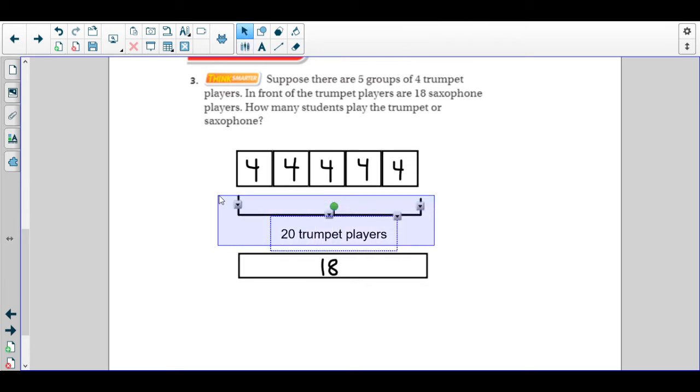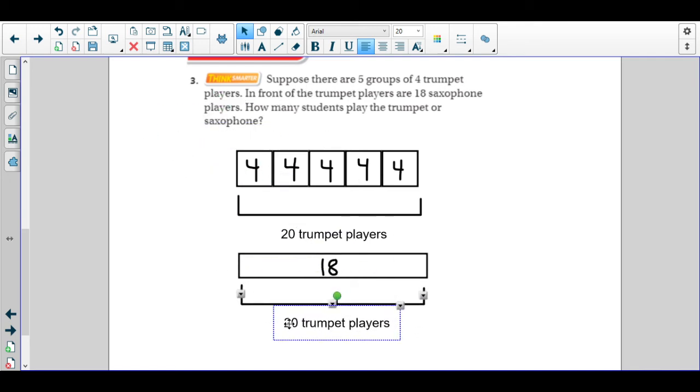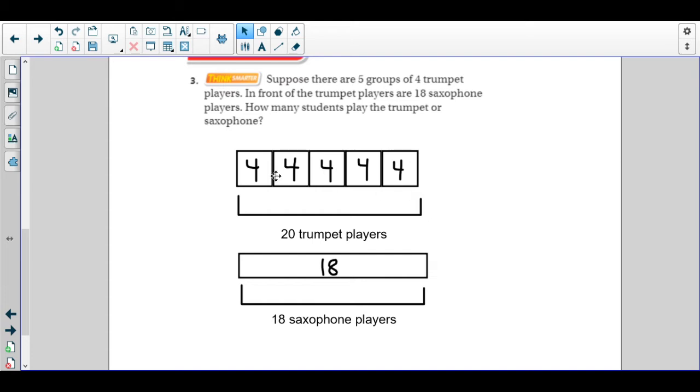So right here is 18 saxophone players. And we need to figure out the total number there.